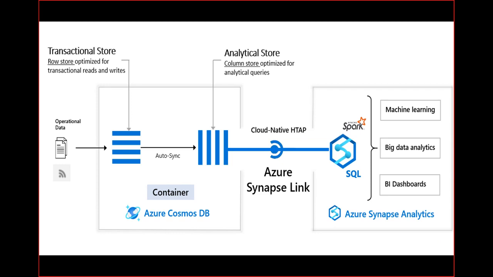And when you flag that as an analytical store, what it will do is turn that into a columnar store within the same container, so that whenever you treat Cosmos transactionally, you'll get that sync up in the container, and that will allow you to do effectively big data queries very, very easily against Cosmos.